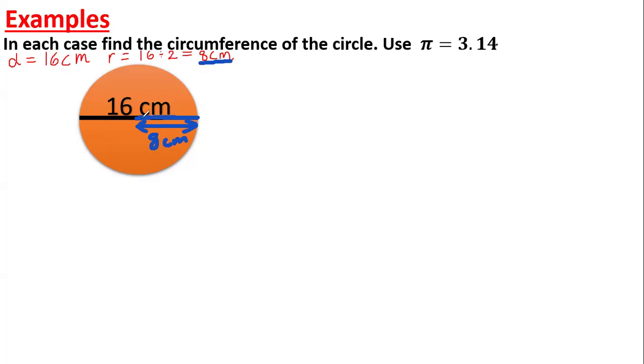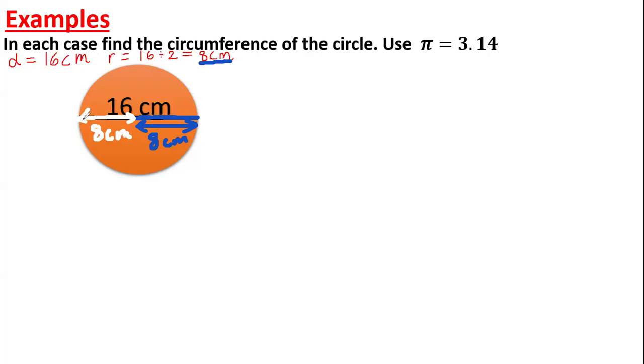So 8 centimeters, and if we separate it into 2, the other part is also 8 centimeters. So that means that the radius is 8 centimeters. And that's what we figured out, right? So we got what D is.